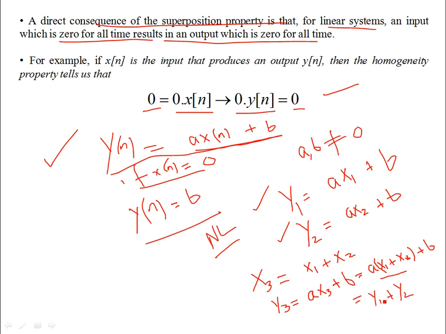So y1 plus y2 is again a times x1 plus x2 plus 2b. So you can clearly see that it does not obey the principle of superposition either. It does not validate homogeneity, doesn't obey superposition either. So it's not equal, and the system is non-linear.